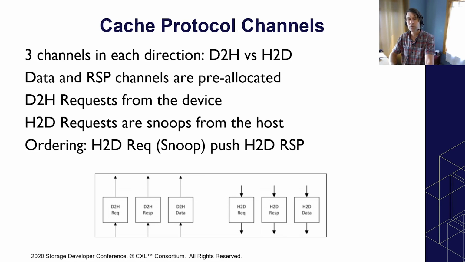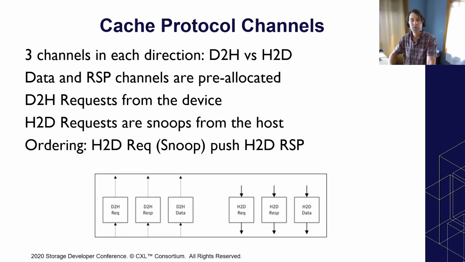From a protocol point of view, pre-allocated means they're guaranteed to sink within that source. And the other channels are the D2H request channel, which is from the device to the host. This is where the device will issue the requests that we'll be talking about to get cacheable access, either through reading or writing to host memory.